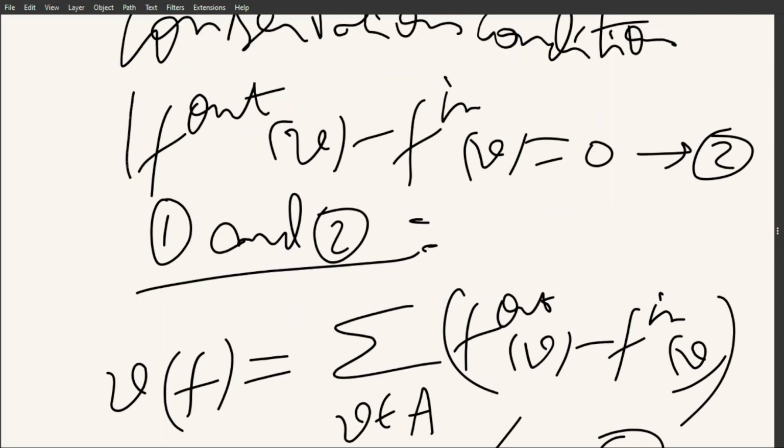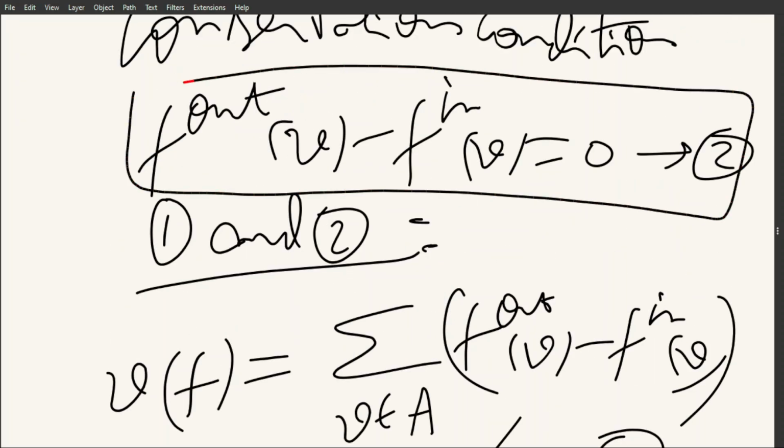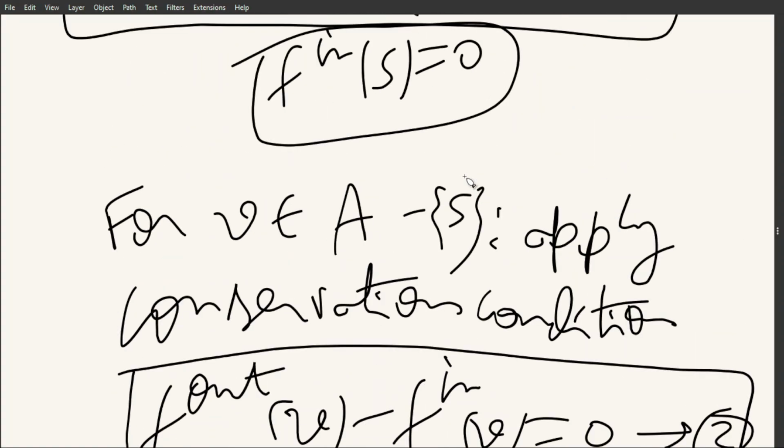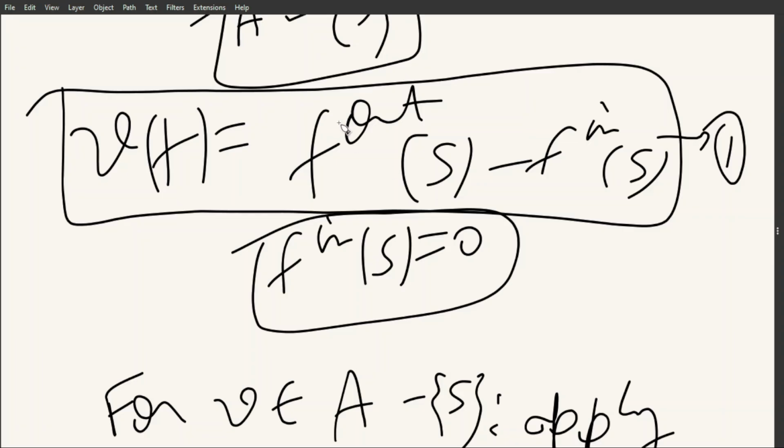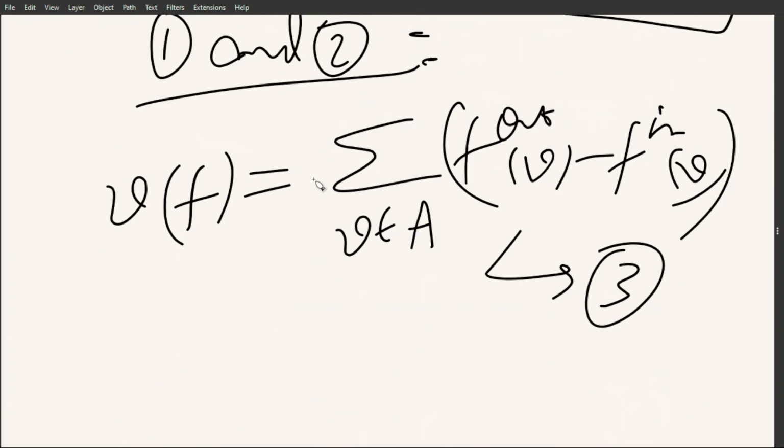The second equation says F out of V minus F in of V is 0 for all V other than S, and equation 1 says F out of S minus F in of S is Vf, the value of the flow. Just add everything, so we get this simplified equation.